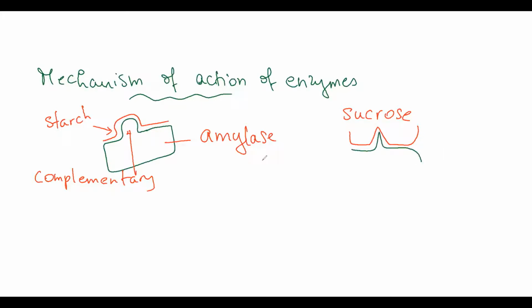This means again that the enzymes are specific. Remember when I said that each enzyme works on a certain substance? Because each enzyme has a certain shape in which the substance can fit in. This model or mechanism of fitting of substances in enzymes is called the lock and key.